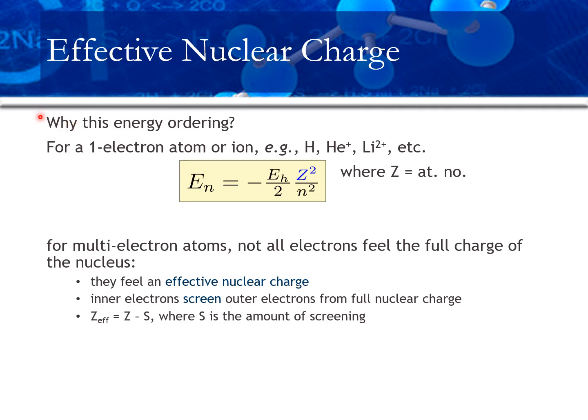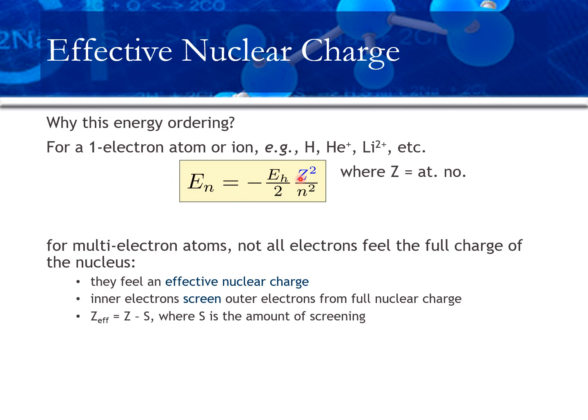Now, the big question is why? Why does, for example, the 2p subshell have a higher energy than the 2s? It has to do with the one electron atom or ion energy. If we go back and modify our energy for a one electron system, so looking at the hydrogen atom, helium plus, which only has one electron, lithium 2 plus, which only has one electron, the energy for such a system depends on the atomic number.